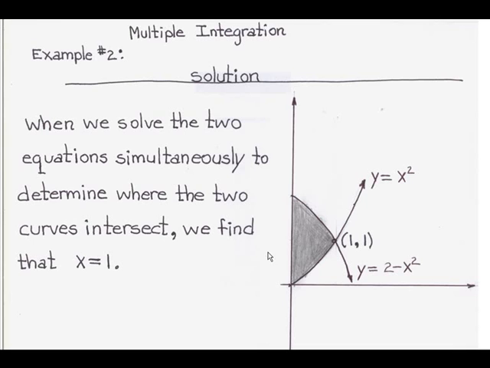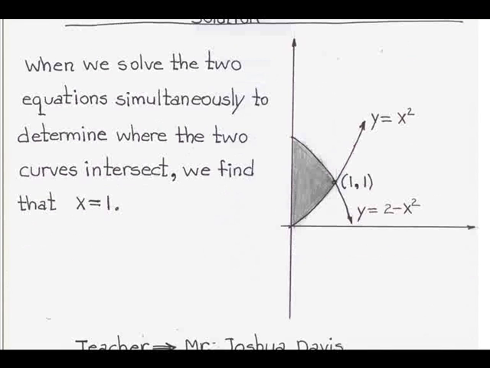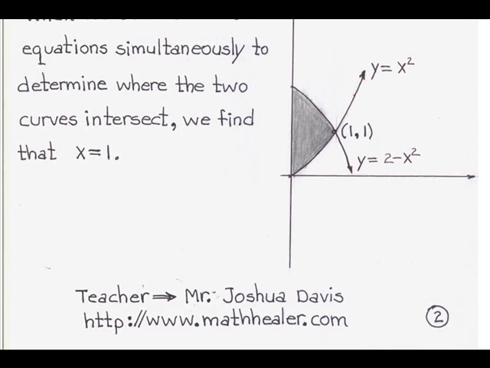So this is a type 1 double integral problem. As we see here, the upper function is y equals 2 minus x squared. The lower function for this region is y equals x squared. That's going to become important.